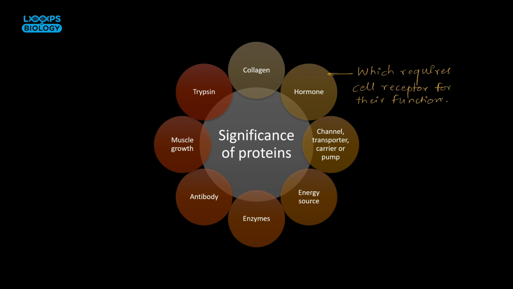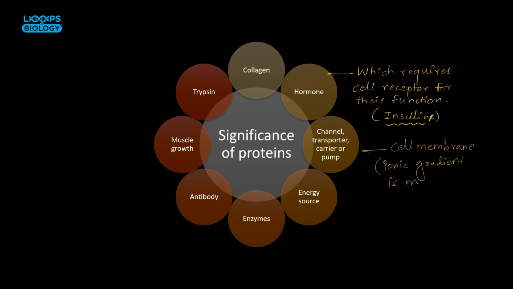You are going to see that these hormones are mostly proteinaceous in nature. For example, insulin, which is made up of only 51 amino acids. Then they are also used as channels, transporters, carriers or pumps.